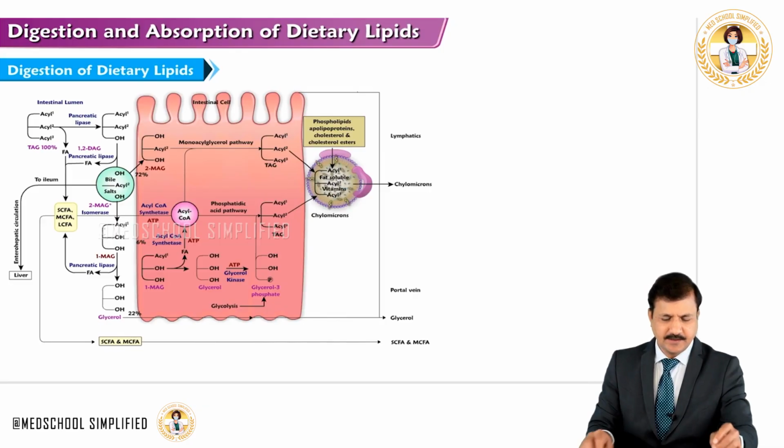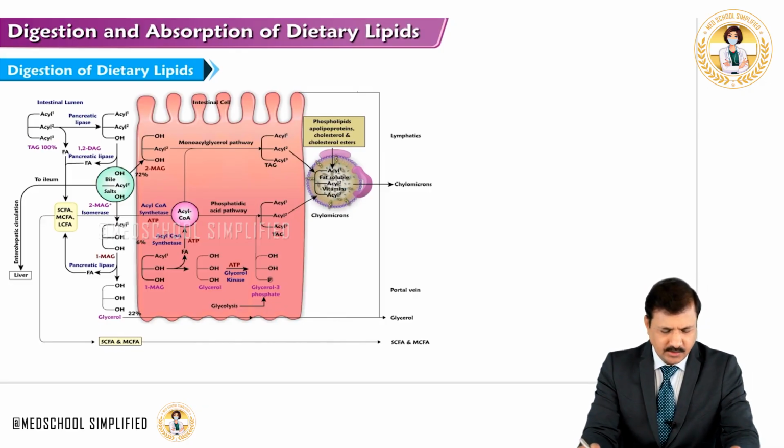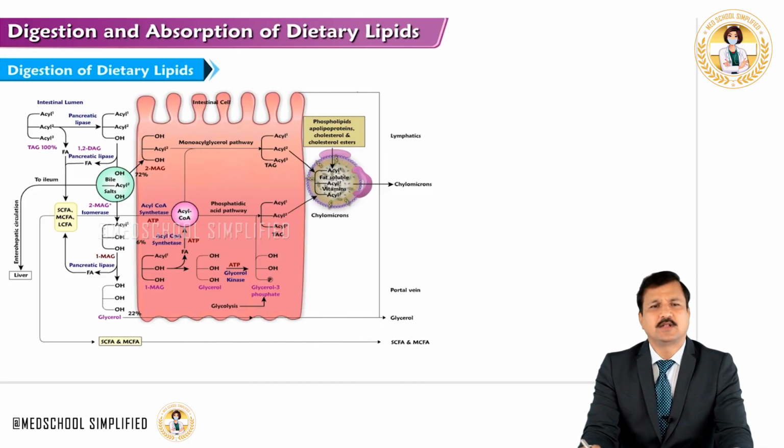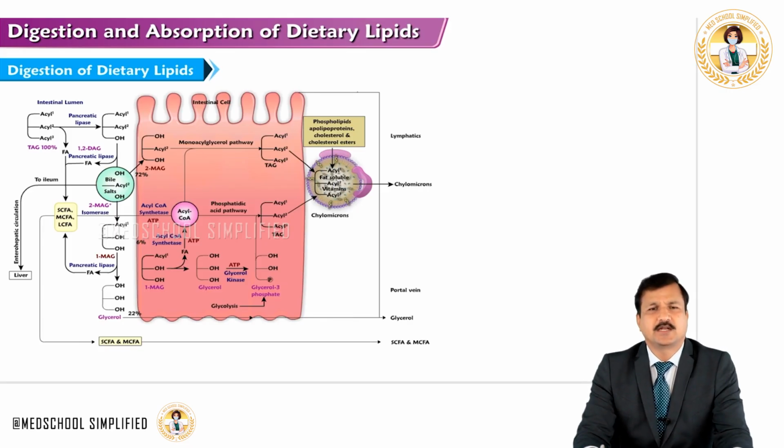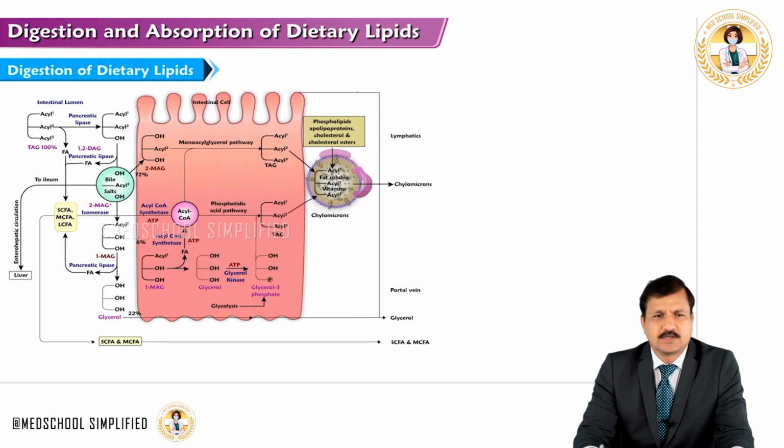Now this figure here gives you an overview of all the information that I have explained so far, starting from the digestion of dietary lipids in the lumen of the intestine, then the absorption, and then the transport process.